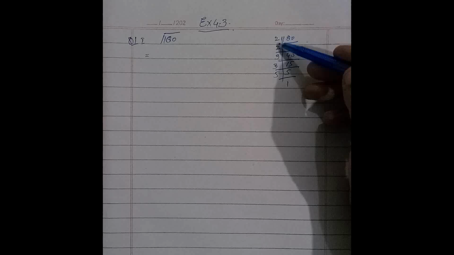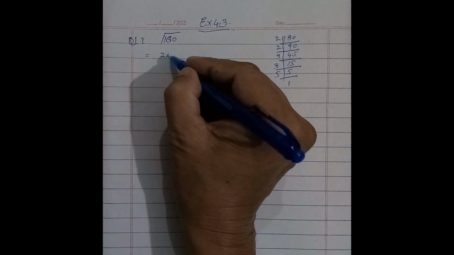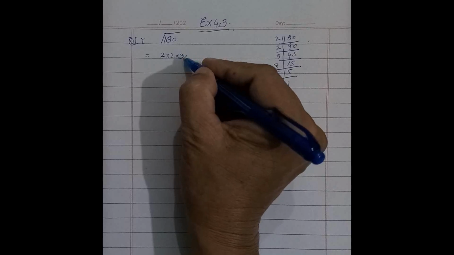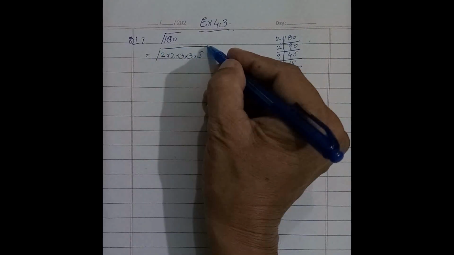These are the prime factors of 180, and we write it as 2 multiplied by 2, multiplied by 3, multiplied by 3, multiplied by 5, under the square root.